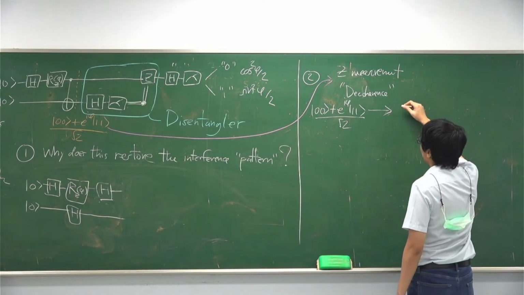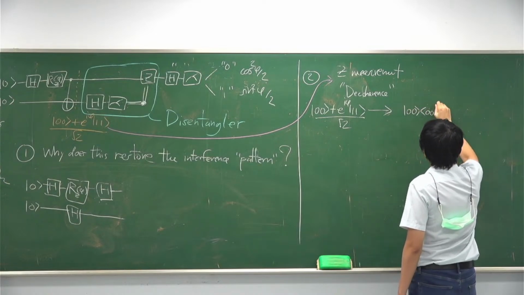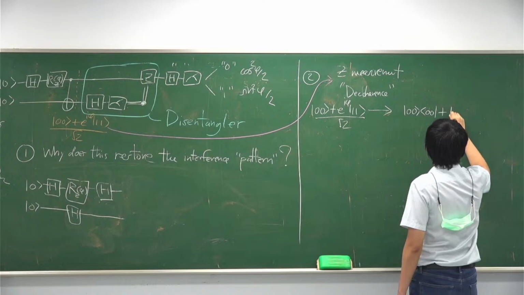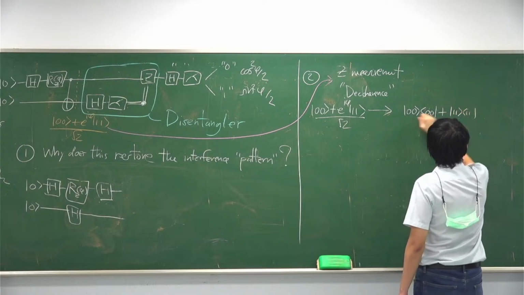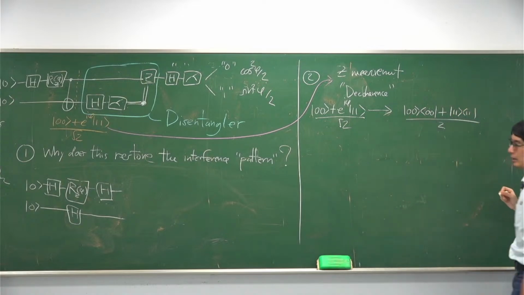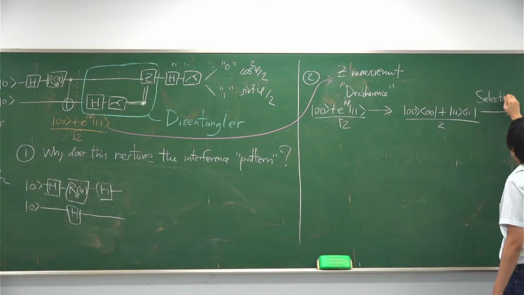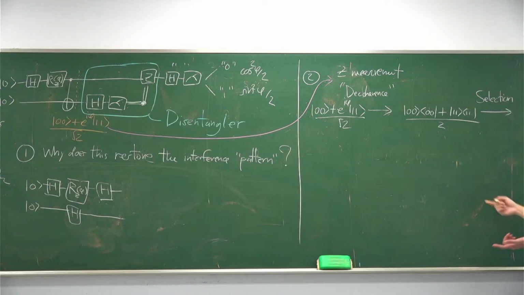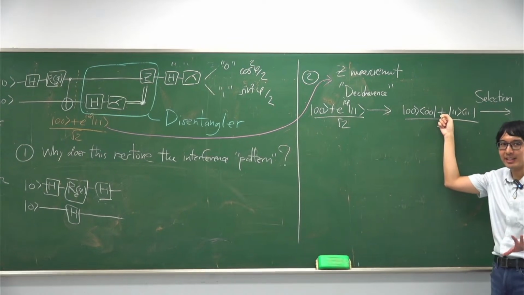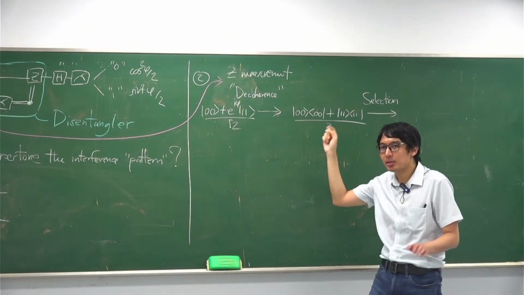So this is kind of like a measurement without looking at the results. This is the density matrix, and then selection of the result happens when I look.